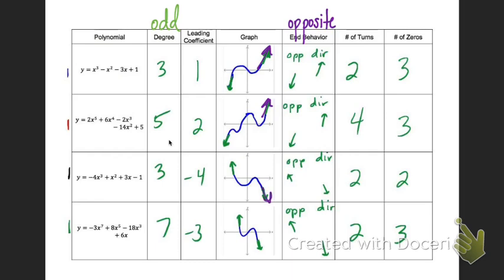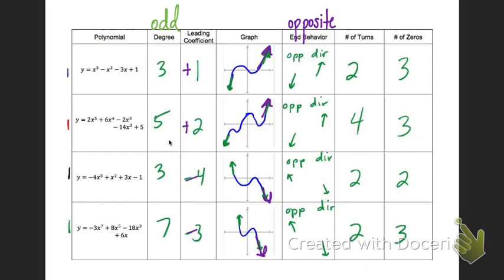Some are going down and to the right. How do I know that? Is it by the first negative? If the leading coefficient is positive or negative, does that affect it? Yes. So if it's positive, then the first end behavior is down, and if it's negative, it's up.